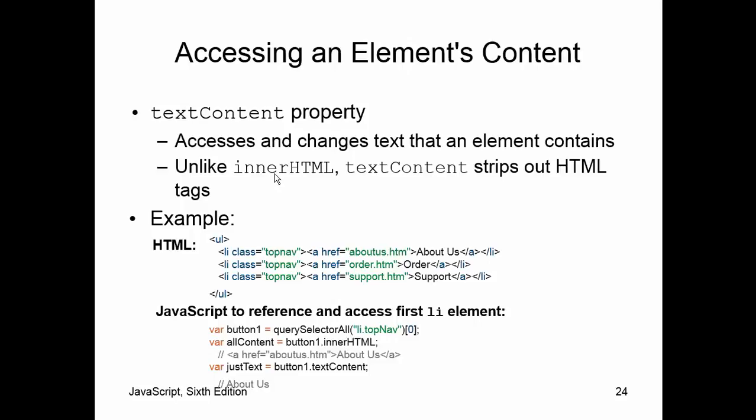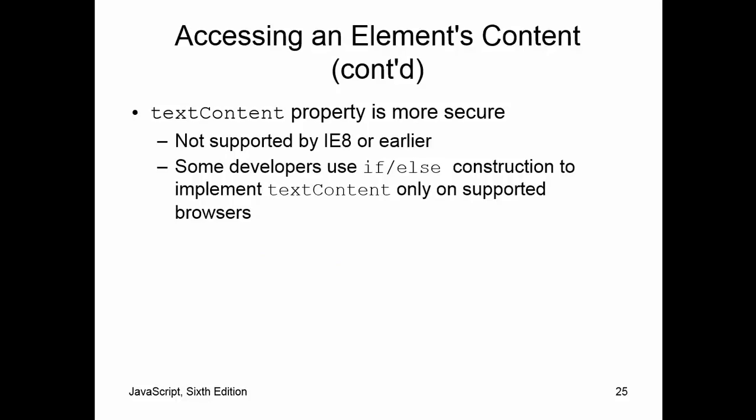You should get used to using the textContent property whenever possible rather than innerHTML. Because innerHTML leaves you vulnerable to different kinds of security attacks, where someone places an innerHTML value in code that includes, for example, malicious JavaScript. Again, notice not supported by earlier browsers.